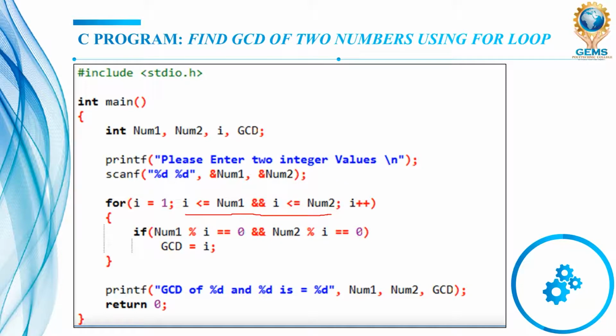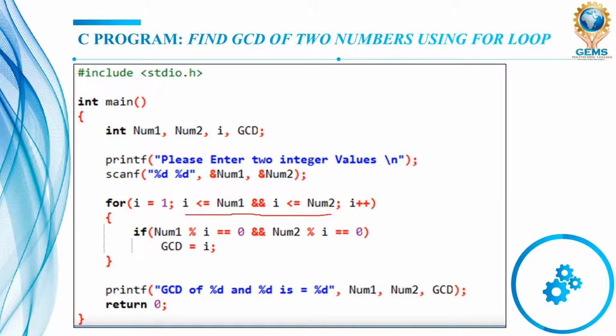So now checking the condition here, if num1 modulus I equal to 0, that means the remainder should be 0, and num2 modulus I equal to 0, then GCD is equal to I. That means if the modulus is equal to 0, that means the remainder is 0, then only can we consider it as a GCD. That means that number only becomes a factor of the given numbers. So this is the for loop, and this is the if condition we are using to check whether it is a factor or not.